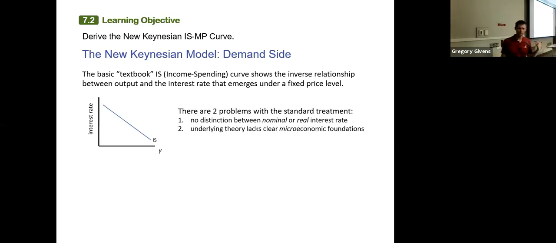The second thing is there are really no clear microeconomic foundations to this IS curve either. This is a quick recap of that story, which maybe will jog your memory. The IS curve is built up from the Keynesian cross, where in equilibrium, planned expenditures are equal to actual expenditures.